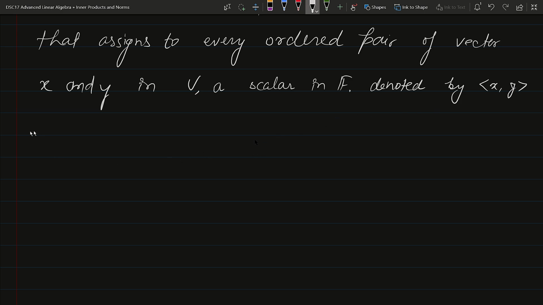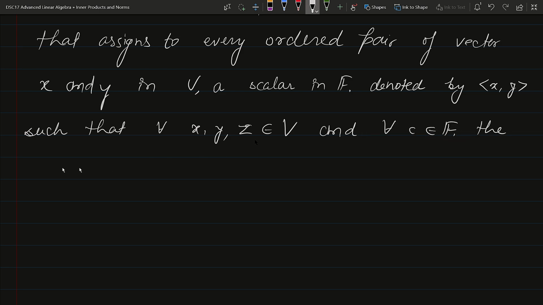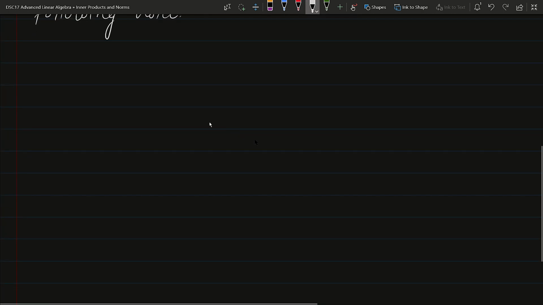Okay, such that for all x, y and z in V and for all c in F the following hold.